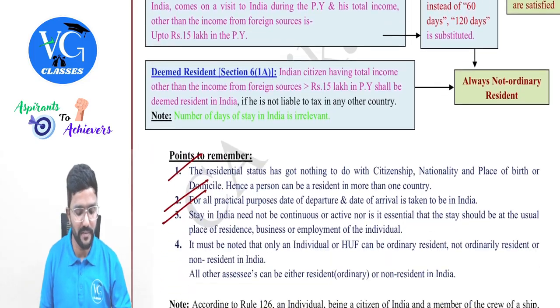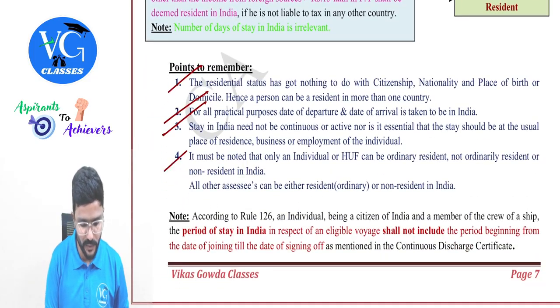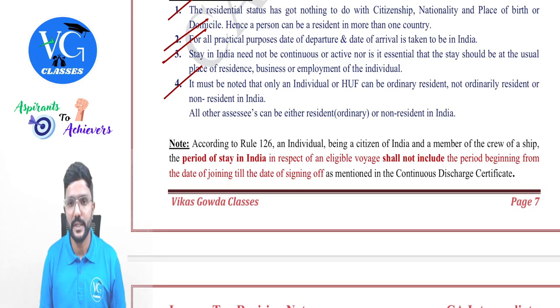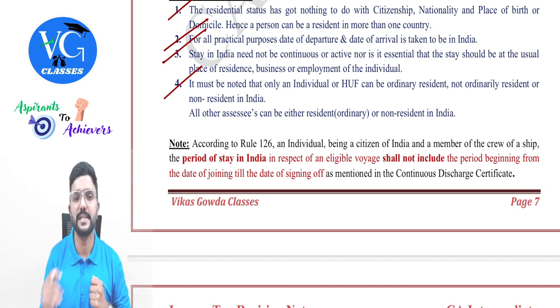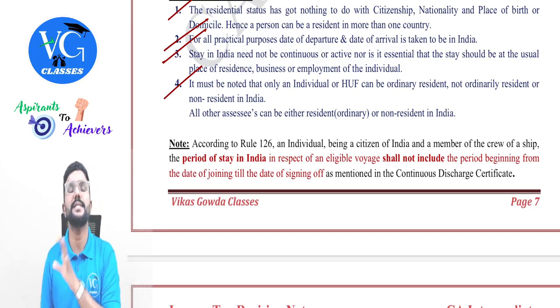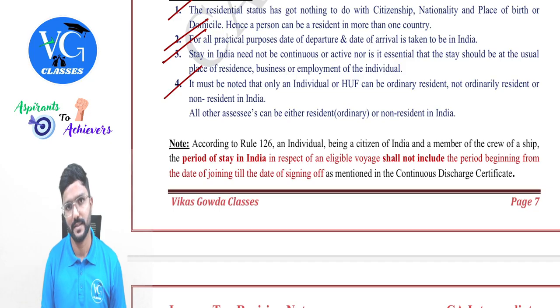Is that clear? That is what I have given in the fourth point. It must be noted that only an individual or HUF can be ordinary resident, not ordinary resident, or non-resident in India. So there are three possibilities. Whereas all other persons can be either resident, which is ordinary resident, or non-resident in India, guys.